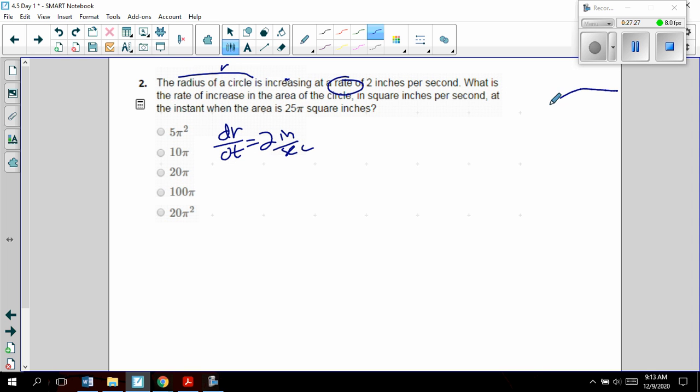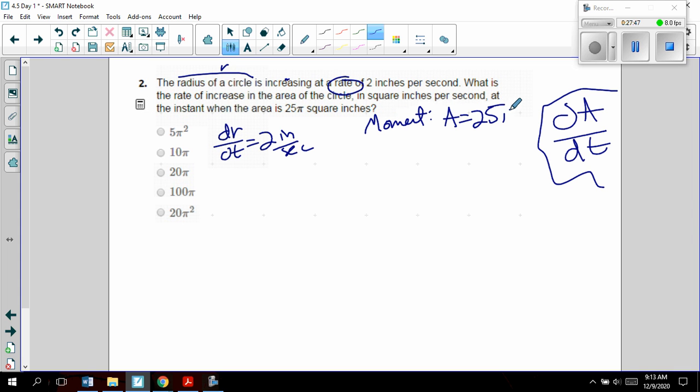That's my question, so I'm going to put it over here. I want to find dA/dt at the instant when the area, so I'm going to write moment, so that I know this is not fixed. The moment is when area is 25 pi.